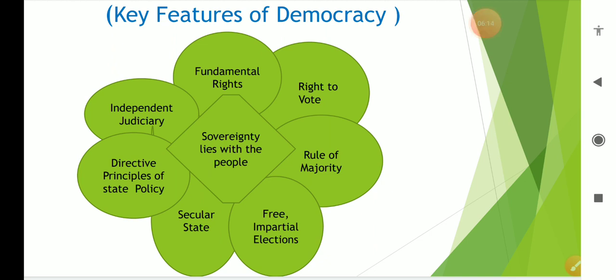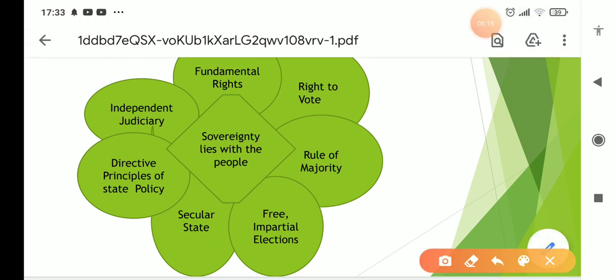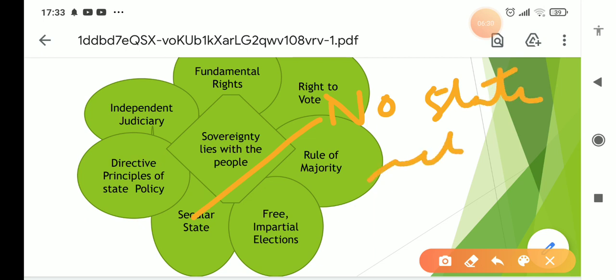So from secular state we come to understand two things: that a state doesn't have any religion, no state religion, and secondly, it treats all religions equally.